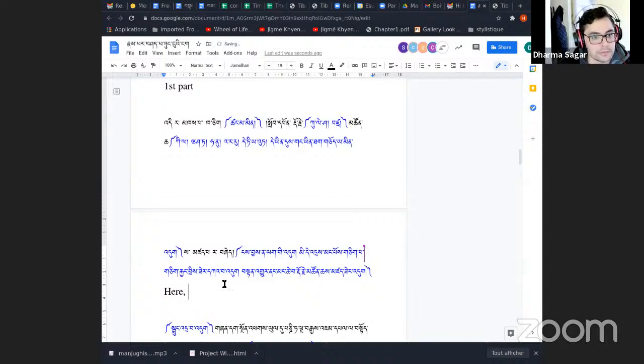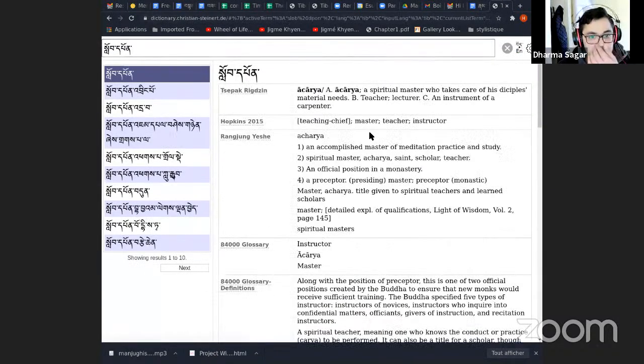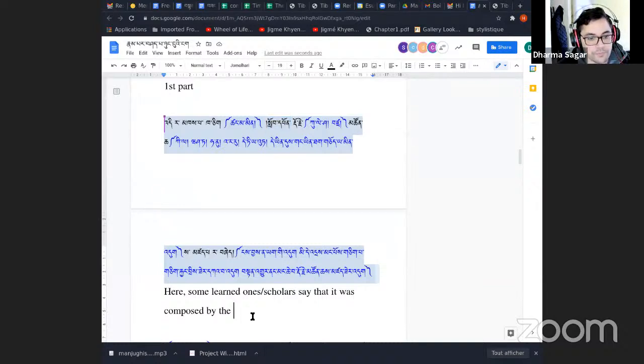So here, some learned ones, scholars, Keba is learned one or scholar, and some scholars say that it was composed by the, I translate Lopen, which is Spare Master, the master, Dorchi, yes.